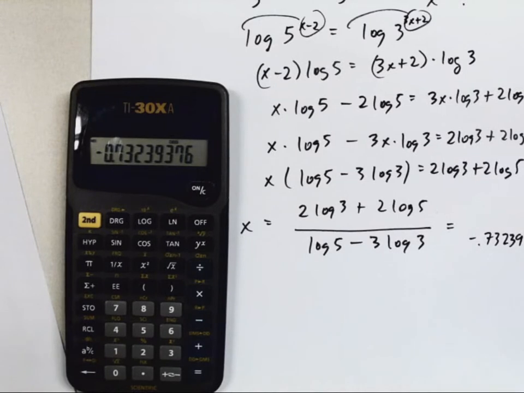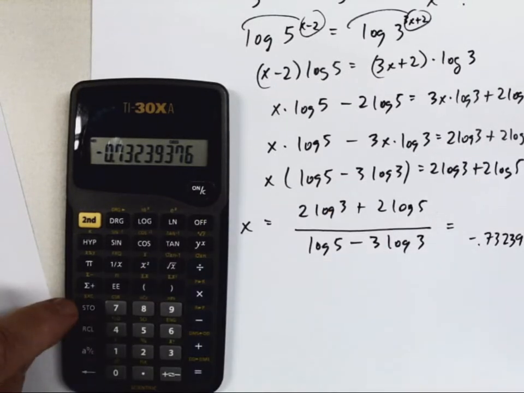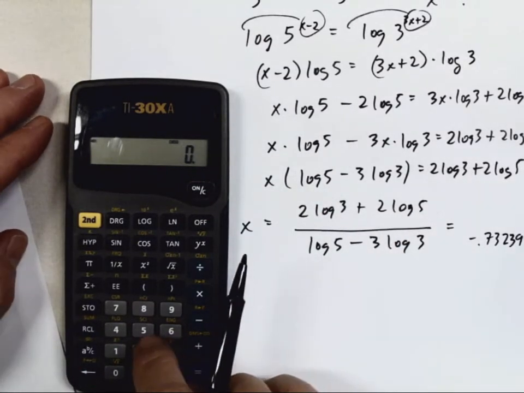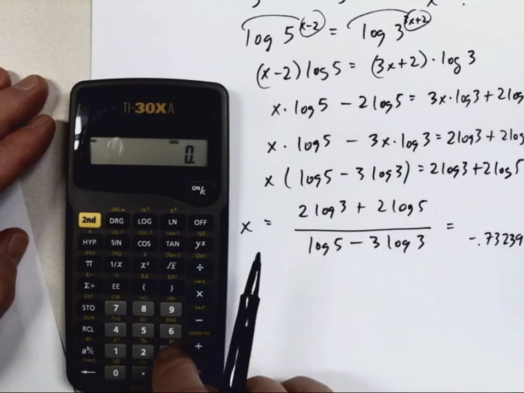I actually do have in my calculator the ability to save this number, so I don't have to punch it in by hand. I'm going to go do the top now, so I'll just start over here.